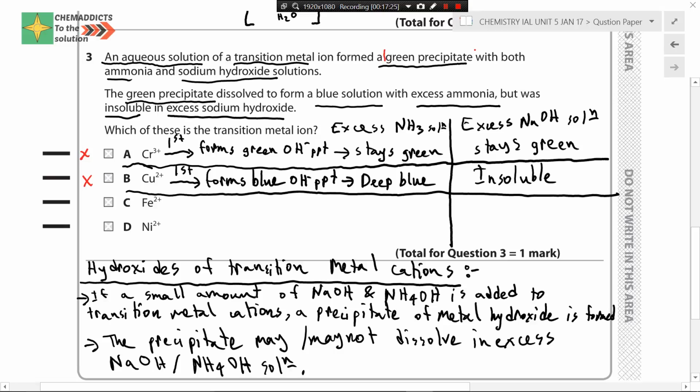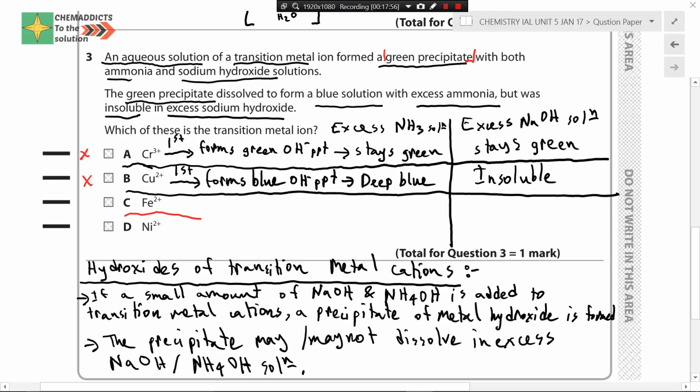Since the information given is green precipitate and the result comes as blue precipitate, we avoid this. So copper is avoided due to this result, forming blue hydroxide precipitate with both ammonia and sodium hydroxide solutions.